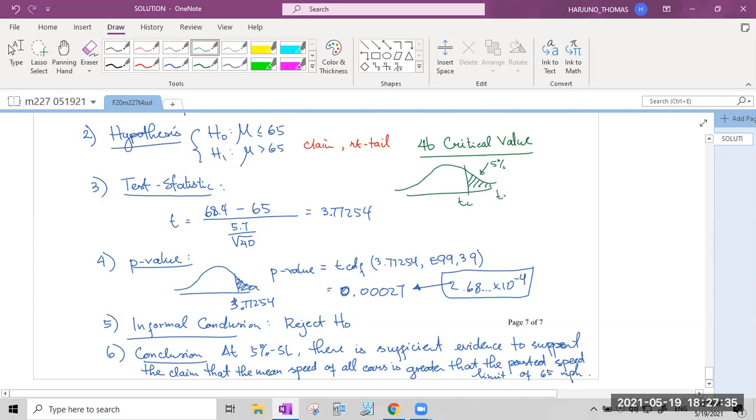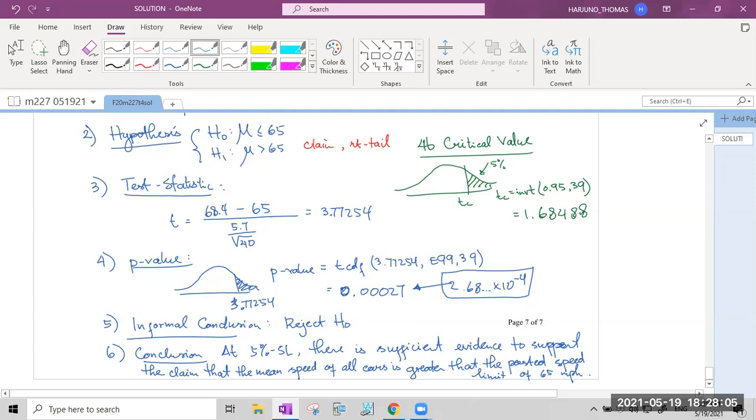So T critical is inverse T, area to the left 0.95, degrees of freedom 39. It is 1.6848.